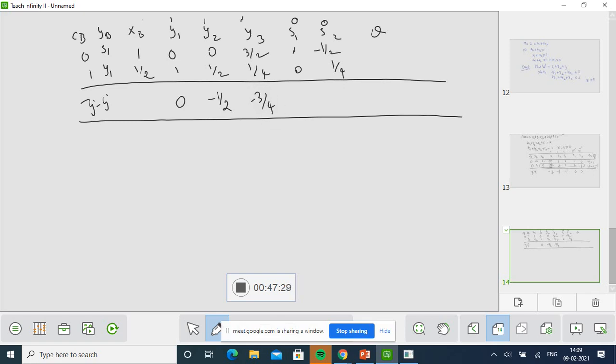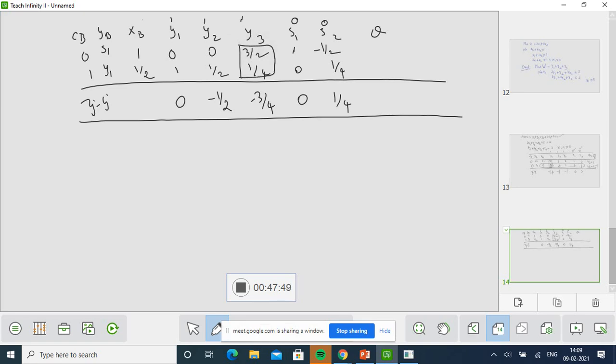Then again here value becomes 0, here value becomes 1. What should enter here, half or 3 by 4? The most negative term enters. Minus 3 by 4 enters.